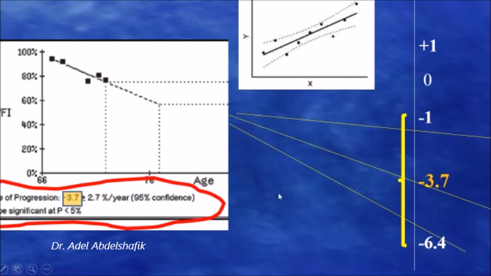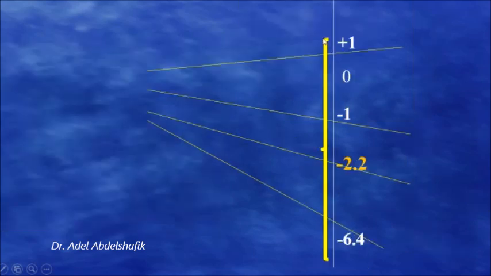Okay, what do we get out of this? As long as the confidence interval does not include 0, we say that this is significant. But in another example where the confidence interval is large like this, and it includes the 0, there is a possibility in this 95% confidence zone that sometime the regression is here at 0, so there is no slope down.